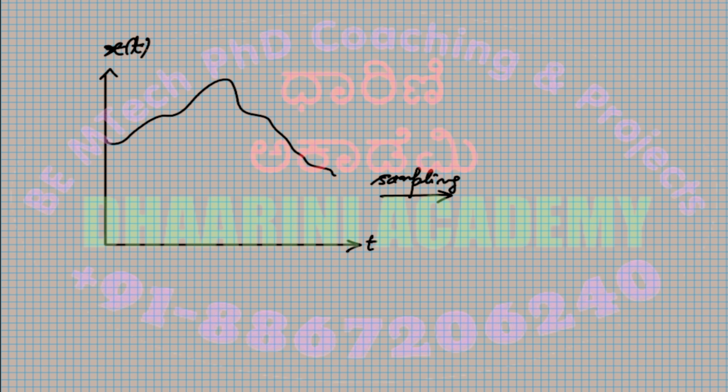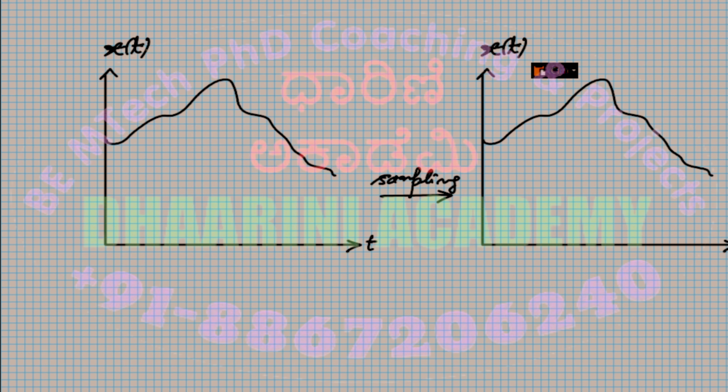Now, what is the care that you need to take when you sample any signal? Do you remember anything from any other subject you studied already? You have to satisfy the Nyquist rate. Otherwise, what is the problem that you face? You're close enough.